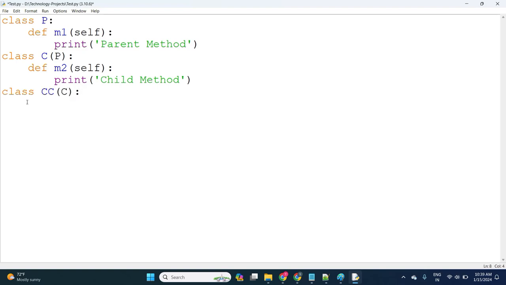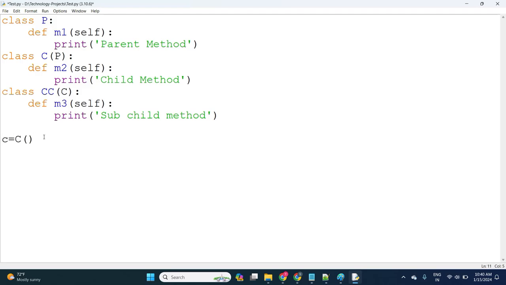I'm taking one more instance method here: print subchild method.